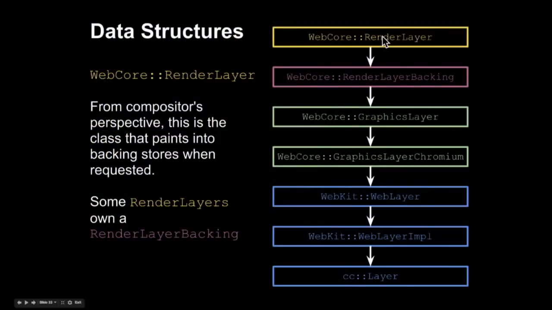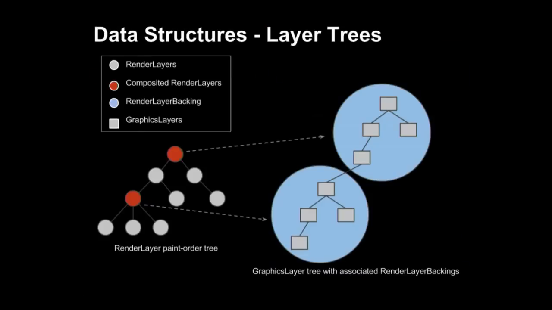And so we have a tree of render layers, and some of these render layers we will decide to composite. Those composited render layers will have render layer backings. The render layer backings then will have a small chunk of graphics layers that it puts together to create the entire composited layer tree. So I know that might be a little confusing yet.